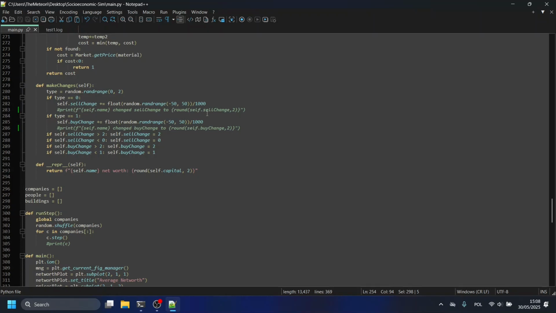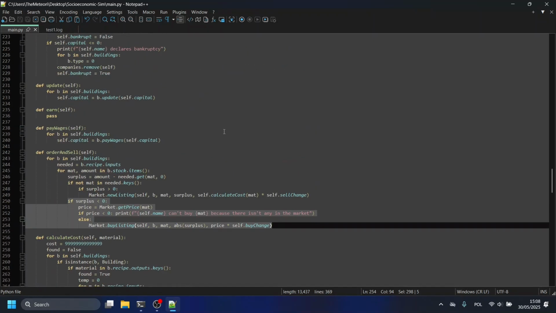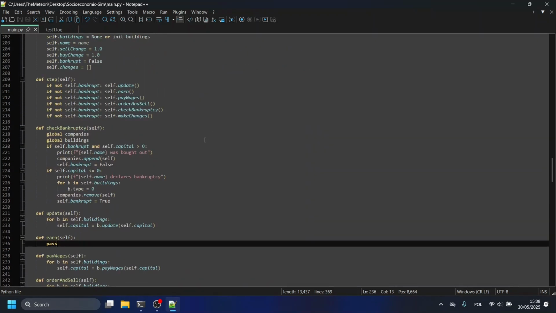Sell change works the same, however it is for selling. So if I'm selling something for 5 per unit and sell change is 2, then it cost me just 2.5 to make. So that's how it works. And that's basically the entire loop.